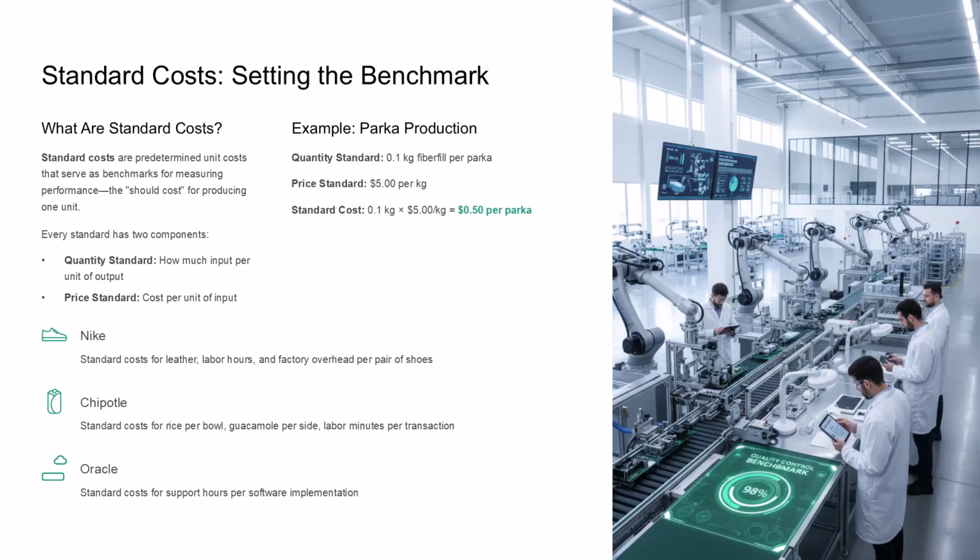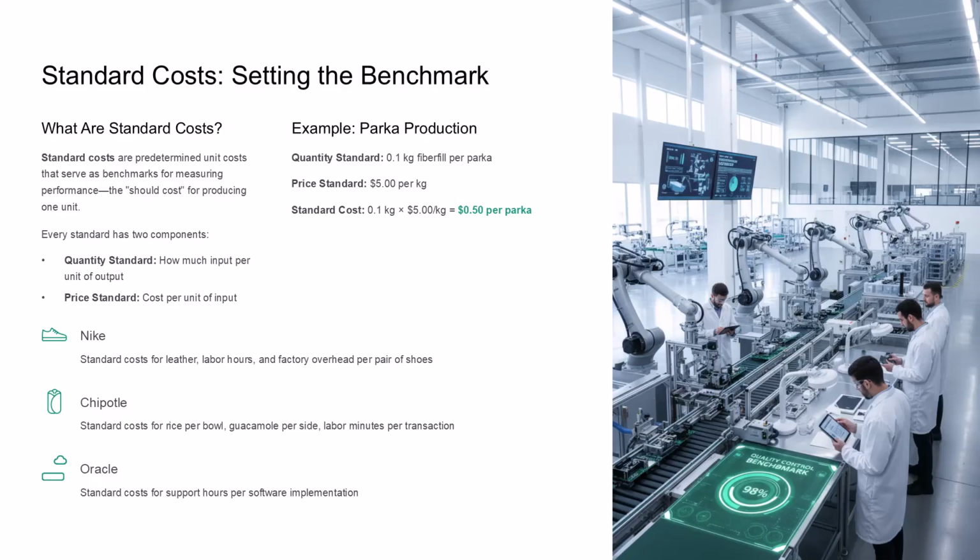Setting standards requires careful work. You don't just guess, you study the production process, you gather data, you consult with engineers and experienced workers, you test and refine. For materials, you create a bill of materials, specifying exactly what goes into each unit. For labor, you conduct time and motion studies to determine realistic time requirements.